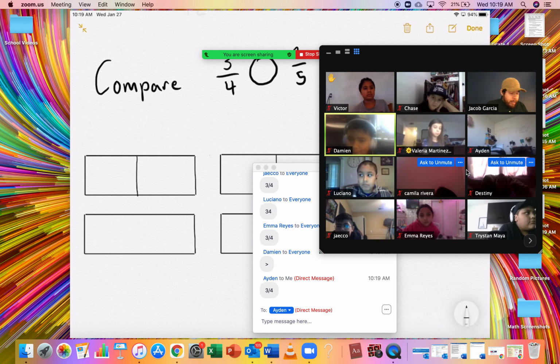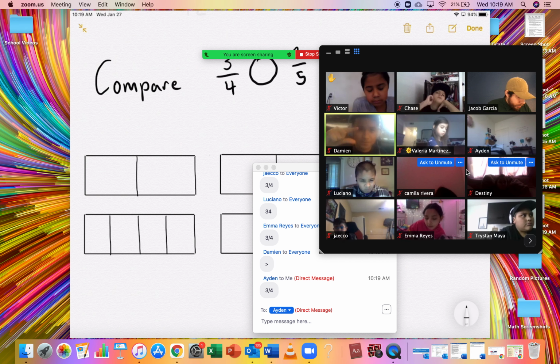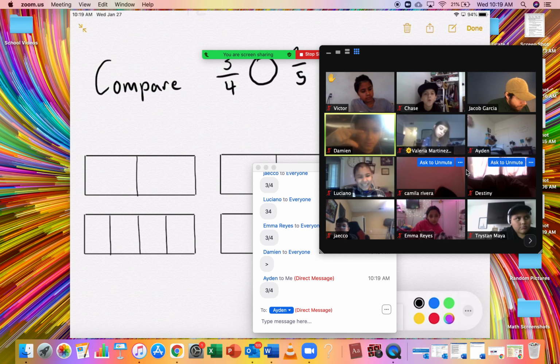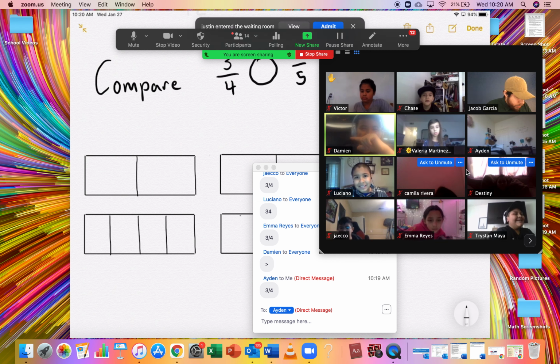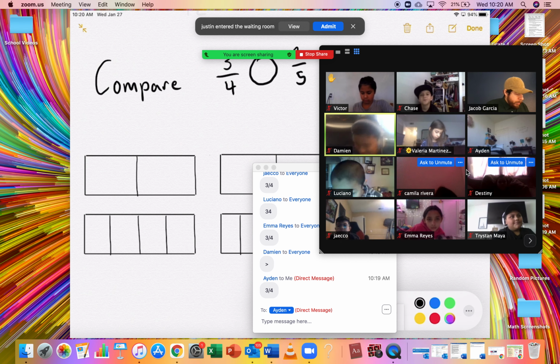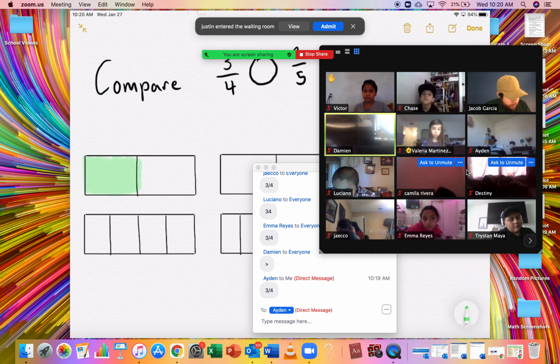I think that everyone is correct, but to make sure, I'm going to go ahead and draw these fractions out. The problem when I draw it myself is it's not perfect. However, I do have a website where we can use virtual manipulatives. But for now, let's fill out our benchmark fraction, which is 1/2.